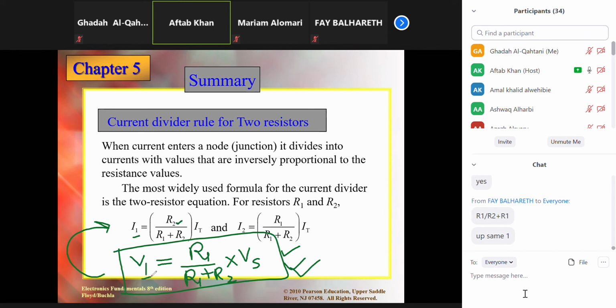But if this is V1, we will be using R1. Definitely, this is voltage divider. So I am going to have V here and V total. Here, this is current divider. So current here, total current here. That's it. Okay, clear to all?